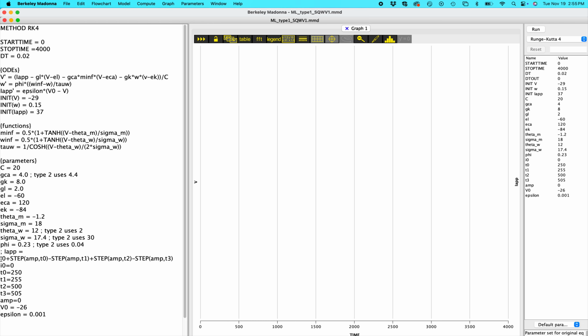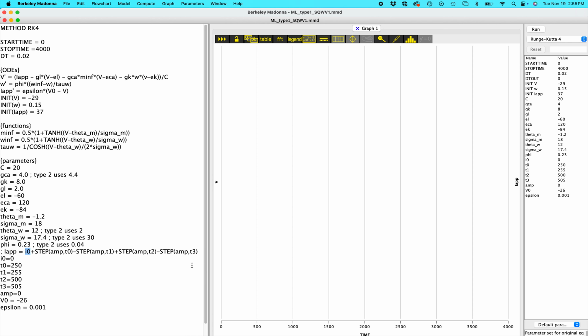Then I just want to highlight this applied current. The applied current here is the general way we've written applied current throughout this course. Of course, I have it commented out right now because applied current is a state variable. But remember, you have I applied is I0, that's the bias, plus step, minus step, plus step, minus step.